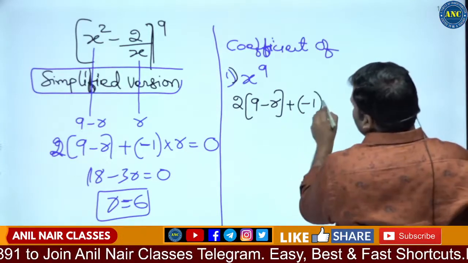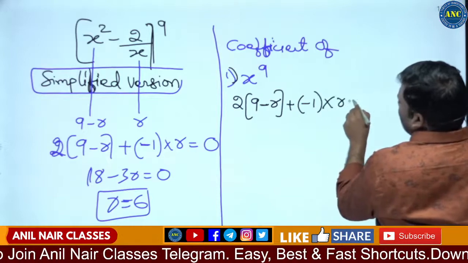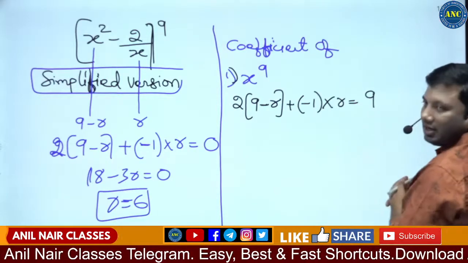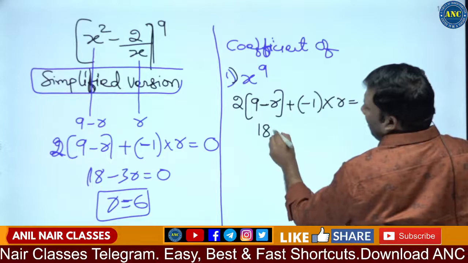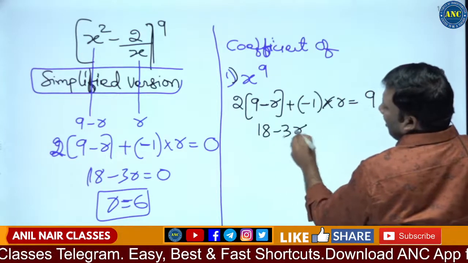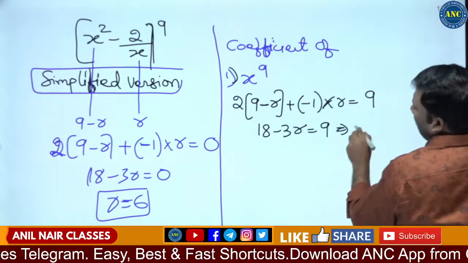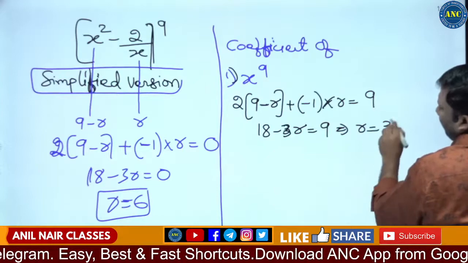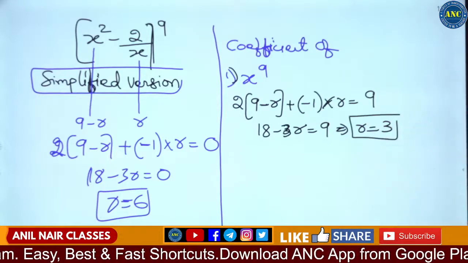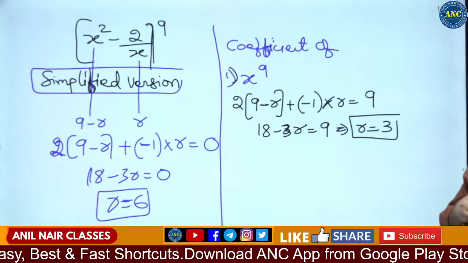Minus 1 into r, it is equivalent to which power we require? 9. So 18 minus 3r is equivalent to 9. R value is equivalent to 3. I hope the idea is clear.